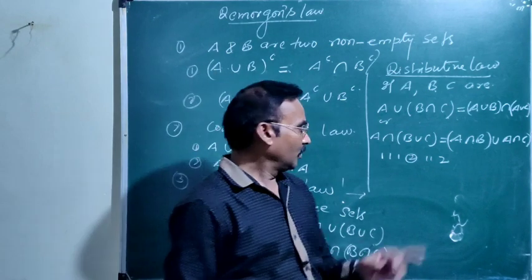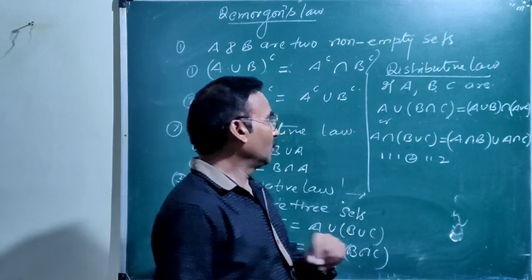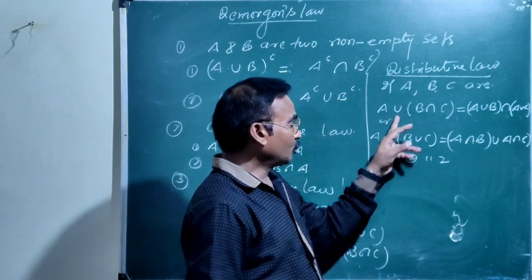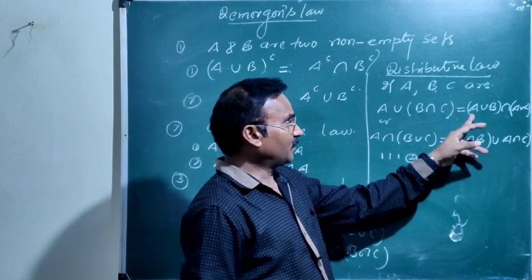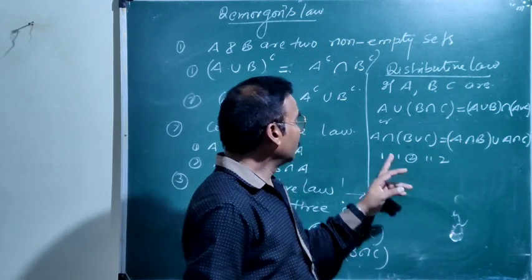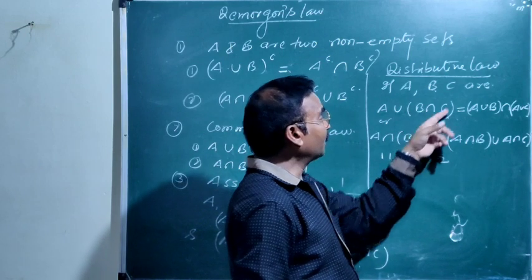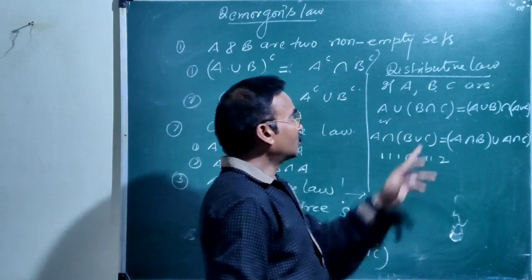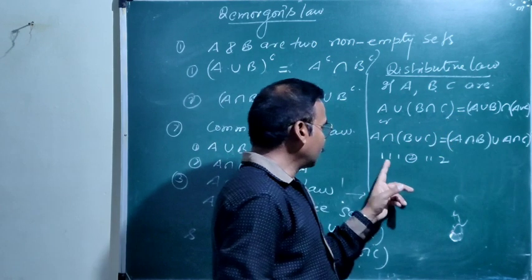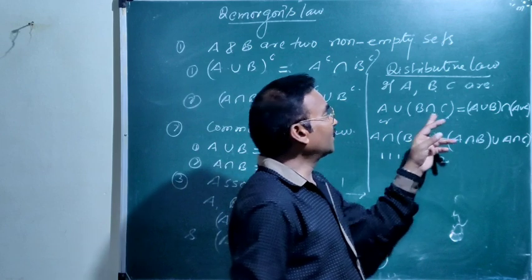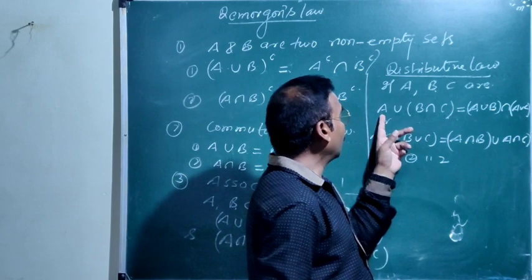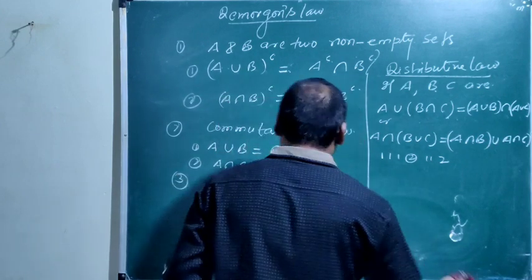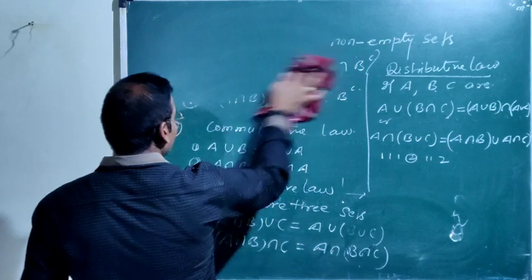This is the short trick. 1 1 1 means you have to take the first set of the first part, the first operation, and the first part of the second set. B union C means the first part is B. So A union B, first; then the second operation, and first, second. Okay, so this is a short trick to identify the distributive law.